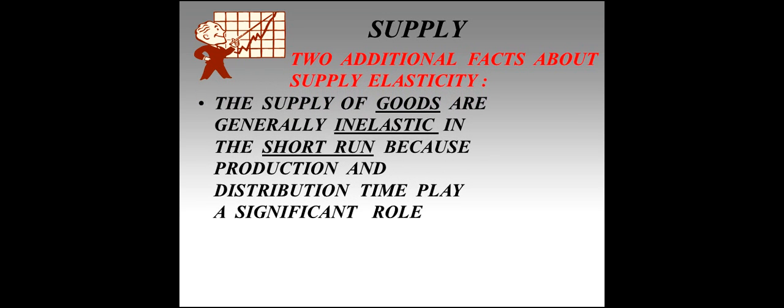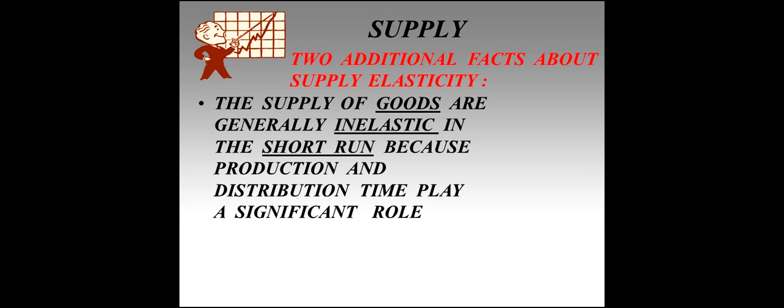Now, a little different than with the concept of demand, there are two additional facts about supply elasticity that we need to cover. Here's the first. The supply of goods to a market is generally inelastic to price change.